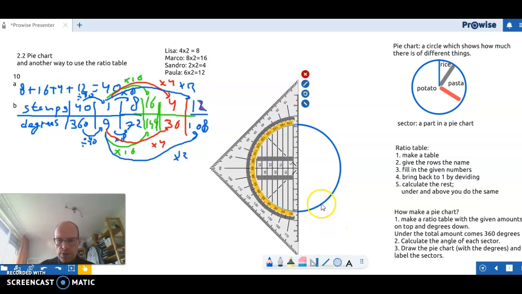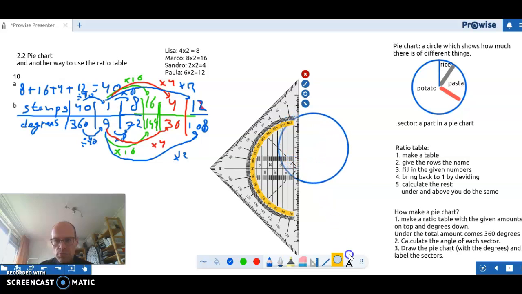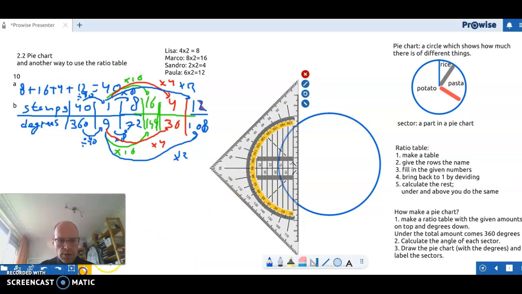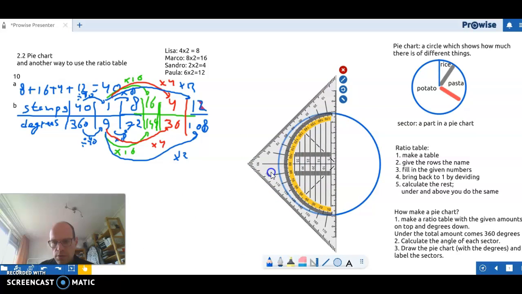Okay, we need to have 5 centimeters. And is it really 5 centimeters?